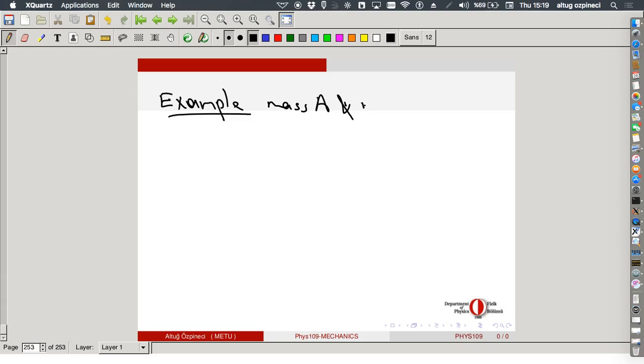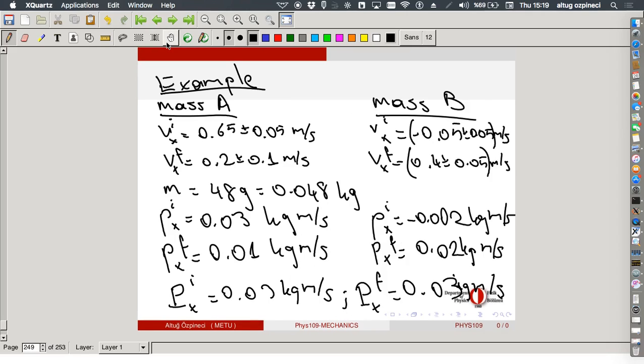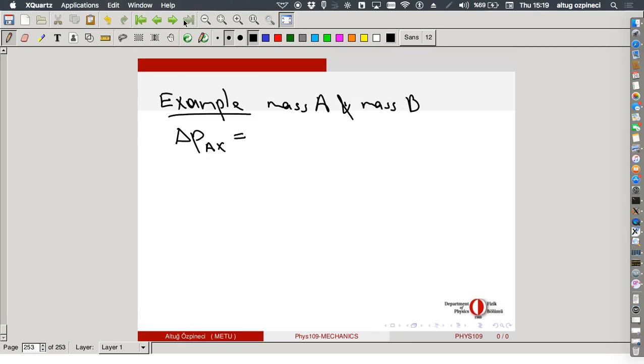Mass A and mass B. Delta P of the A, the x component, is equal to, is it plus or minus? Minus, because delta is the final minus the initial.